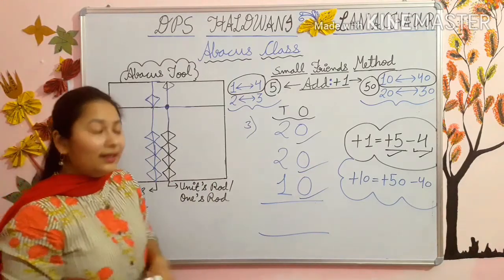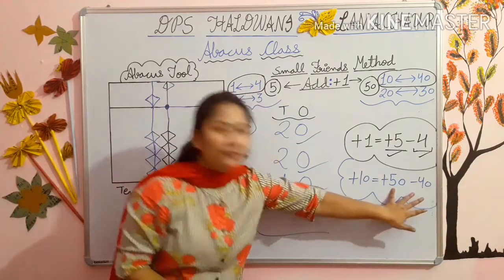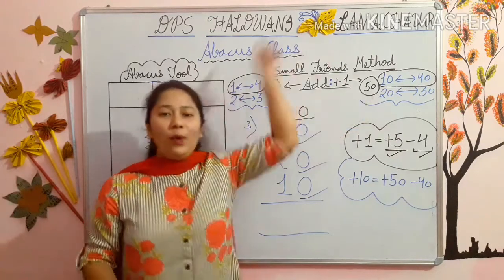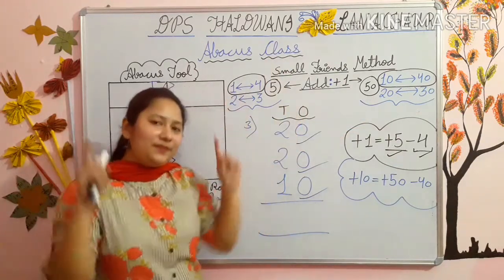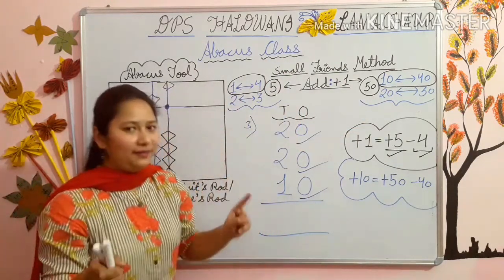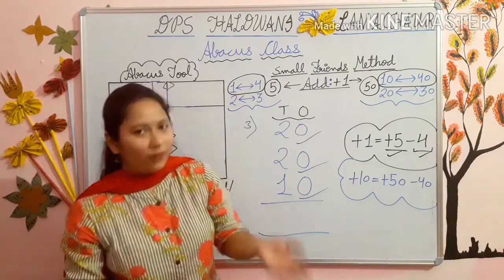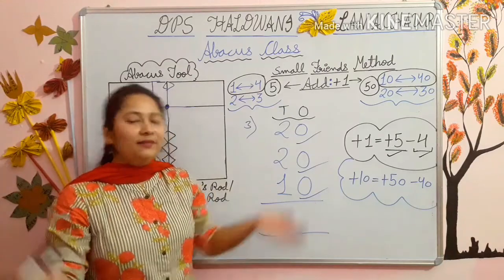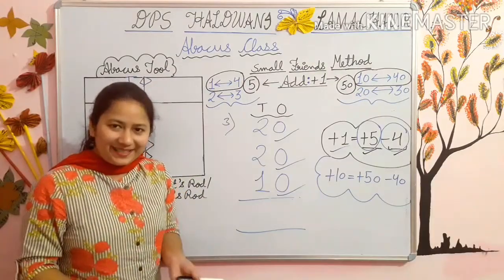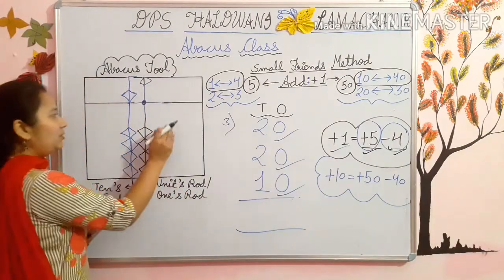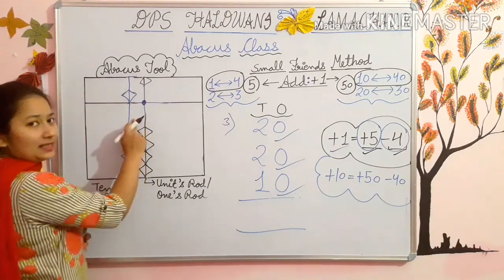What I have done? First of all, I have added 50. मैंने 50 को add किया. And then I have subtracted the friend. मैंने friend को subtract किया. So what is the friend of 10? 40. So 40 I have subtracted. Now what is the answer? See, count here. Nothing is there.